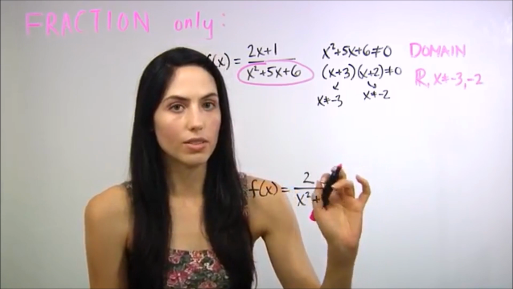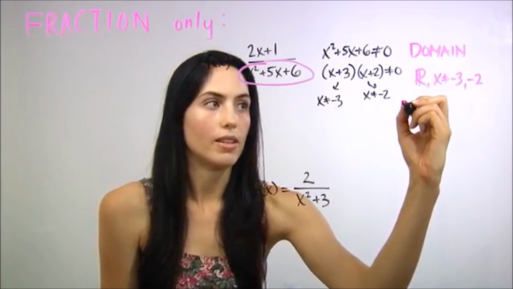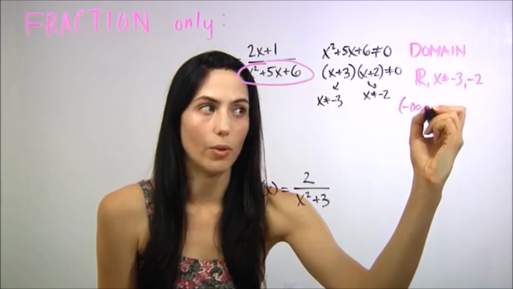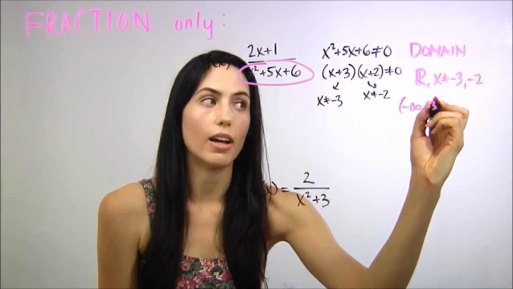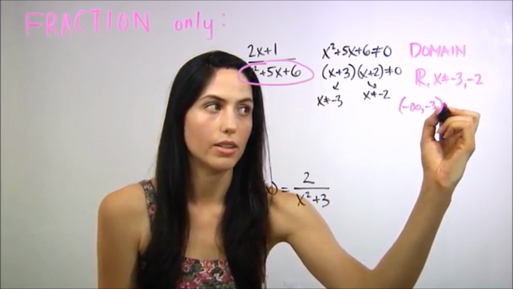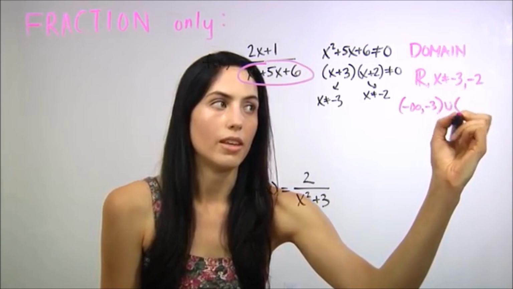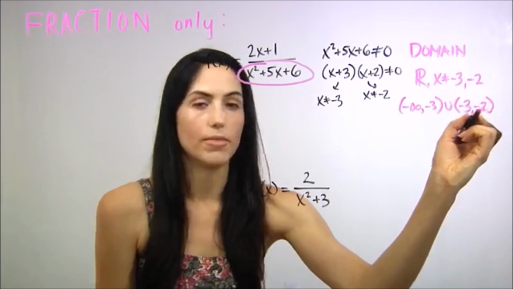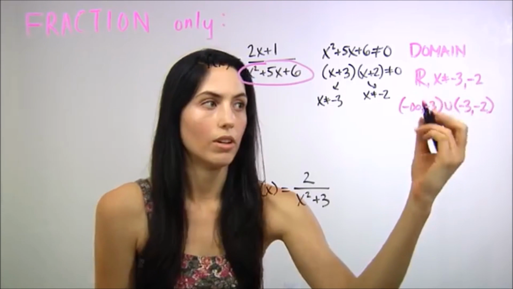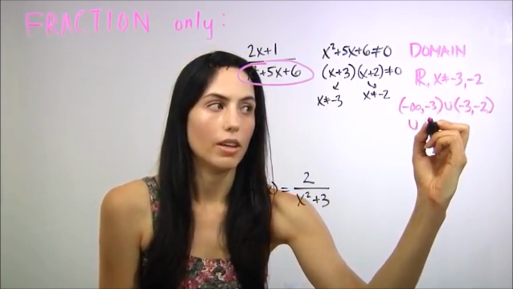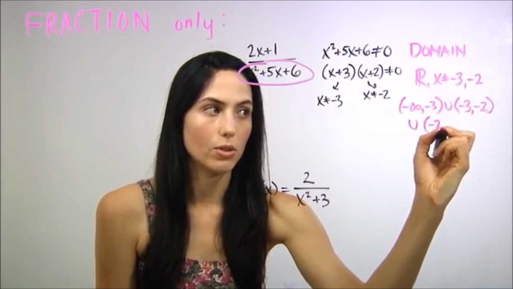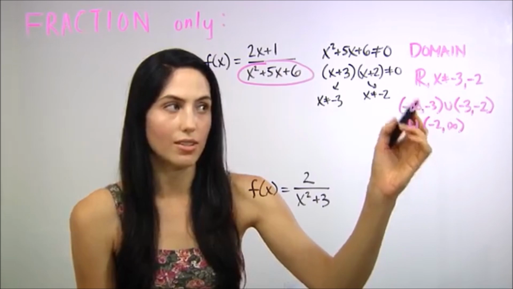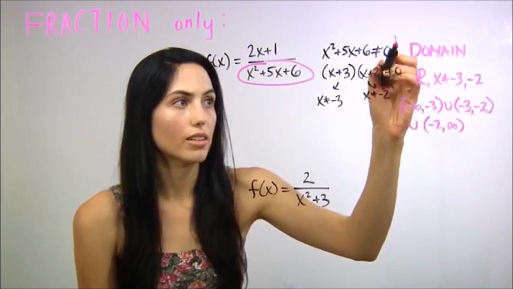Or you can use interval notation and write it as everything from negative infinity all the way up to negative 3, not including negative 3, combined with everything from negative 3 to negative 2, not inclusive of either number, combined with everything from negative 2 all the way up to infinity. Either of these notations is fine, they mean the same thing.